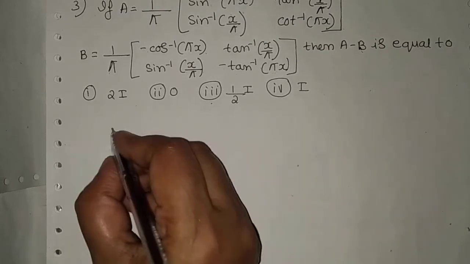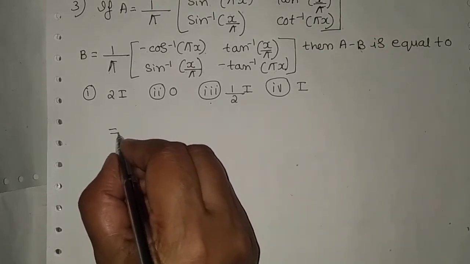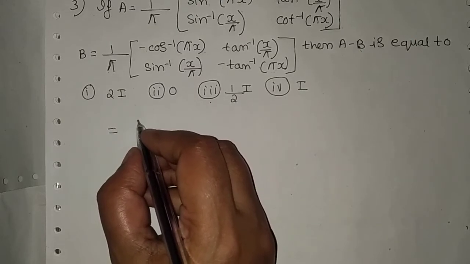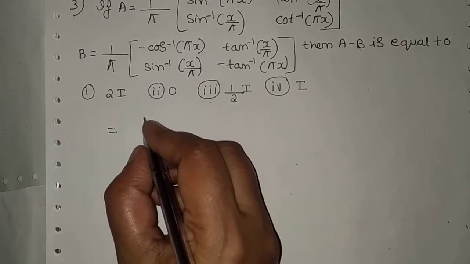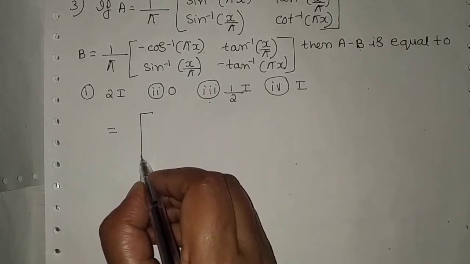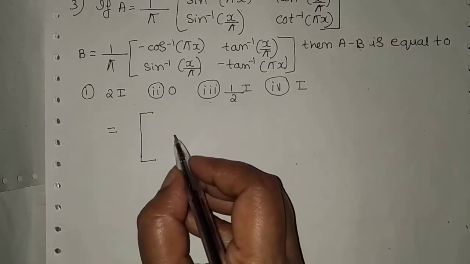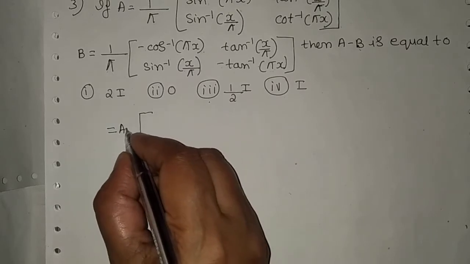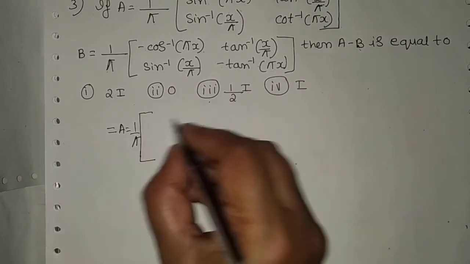The first step is, take the first matrix. So first matrix, we have to take this A, that is A is equal to 1 by pi.